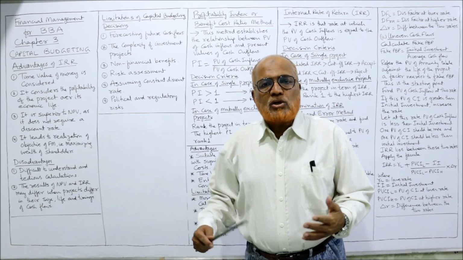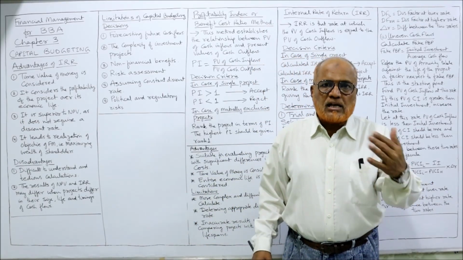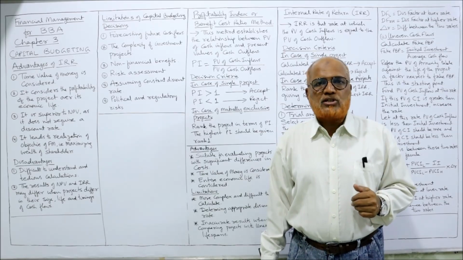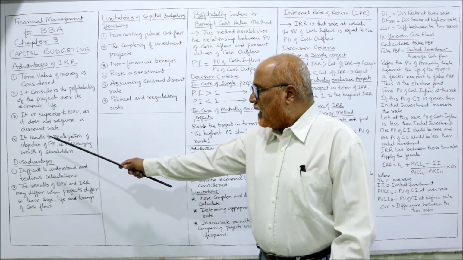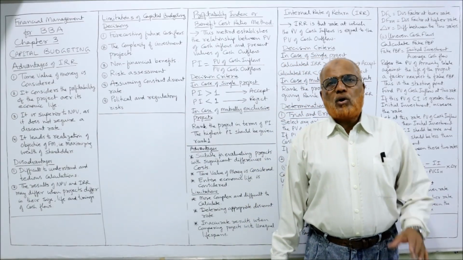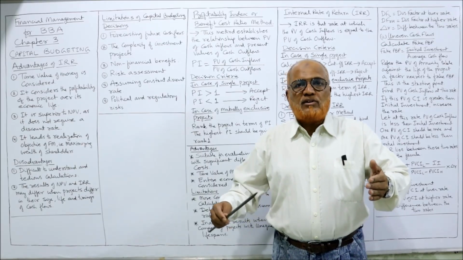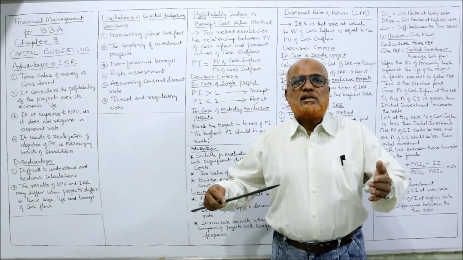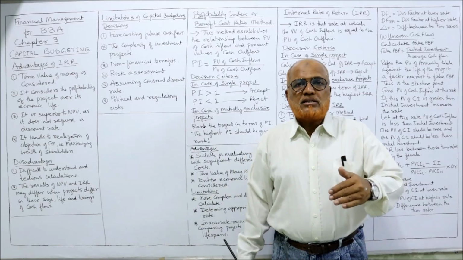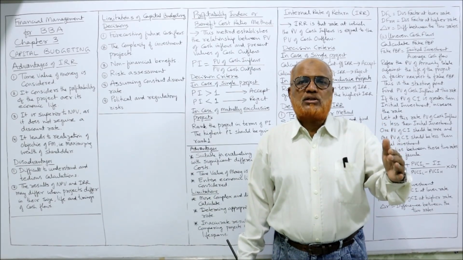But IRR does not require any discount rate. But IRR itself will give the rate of return of the project. Next is it leads to realization of the objective of financial management. Because we are considering the highest IRR, whichever project gives more IRR, that means the returns are more. When returns are more, the business can be able to achieve the objectives.